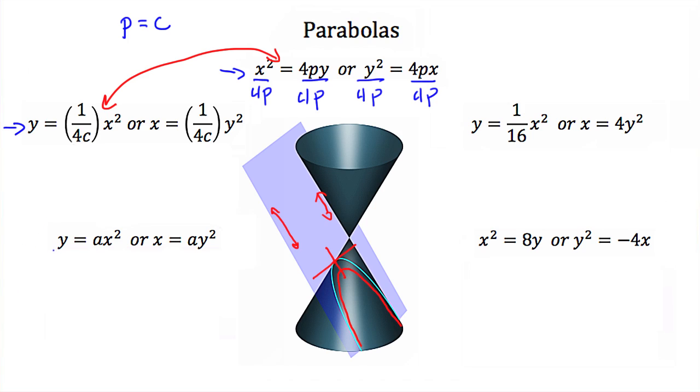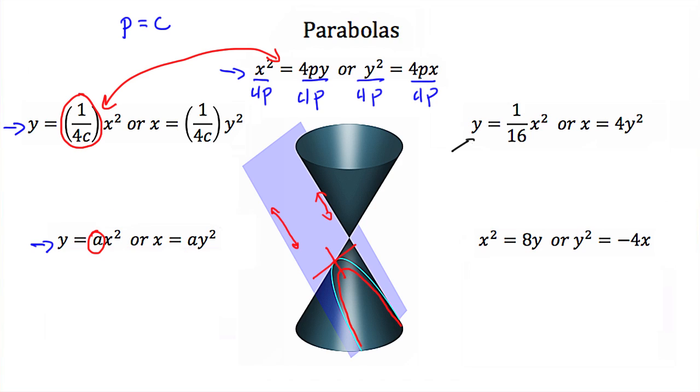Some textbooks have a different standard form. They'll say that a parabola is y is equal to ax squared or x is equal to ay squared. But then it should be noted that a is just equal to 1 over 4c.